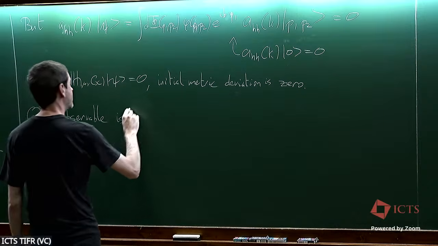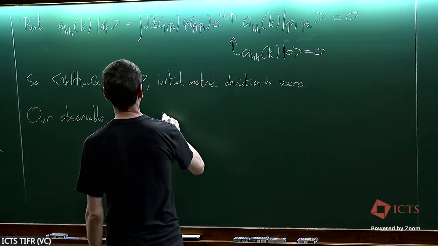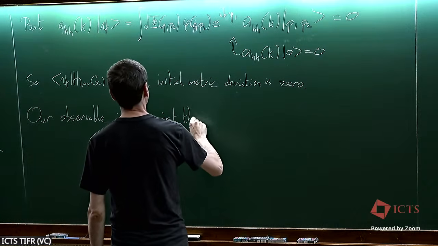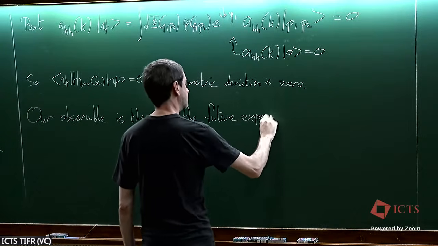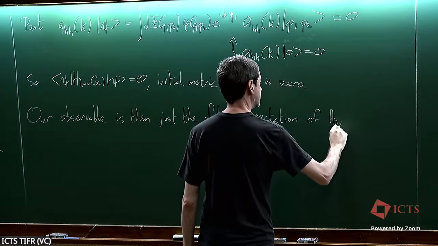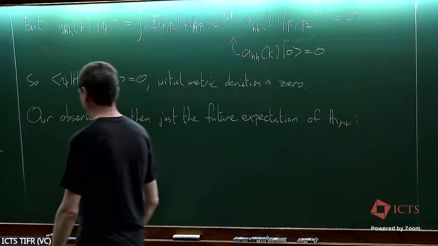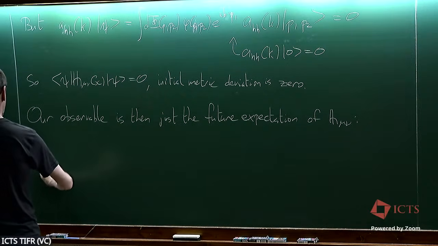The observable is then just the future expectation of h_μν. I'll define it just to be a non-blackboard bold h_μν, so just a normal h_μν.